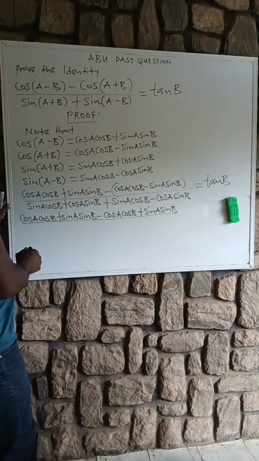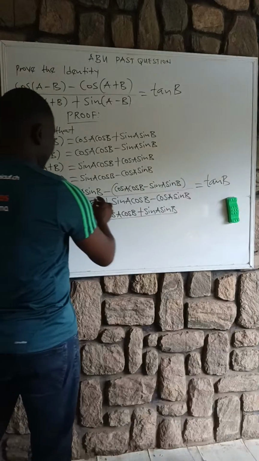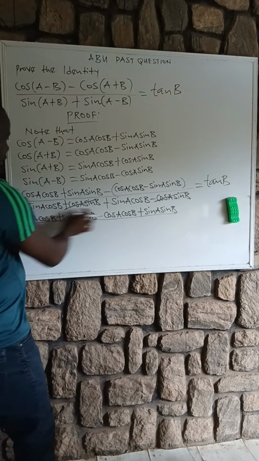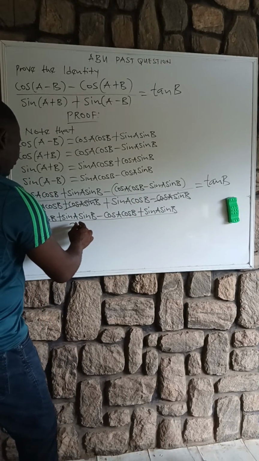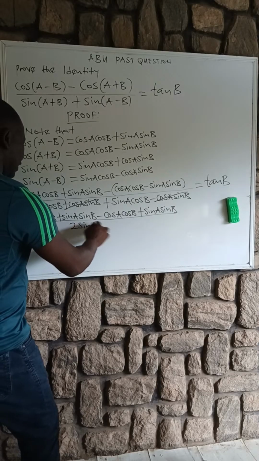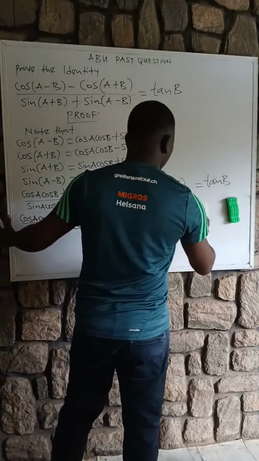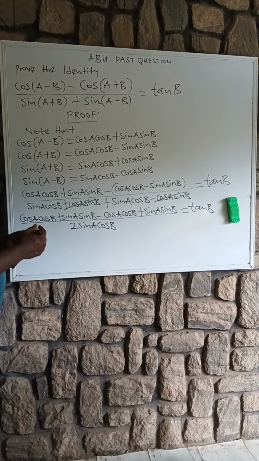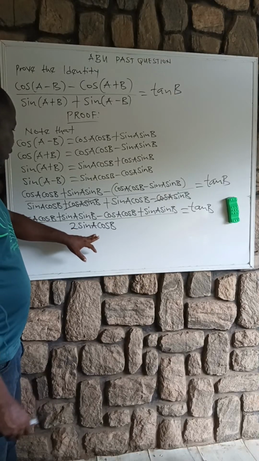If you can see what I am saying, this and this will go, two of us. Then we can add this to this, and we are going to have 2 sine A cos B, two of us, equals tan B. Look at the board.